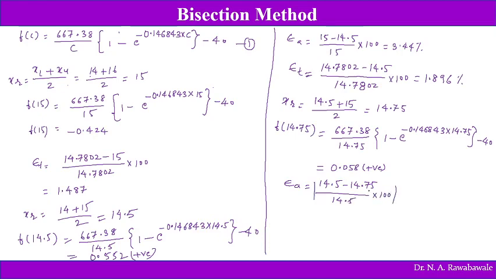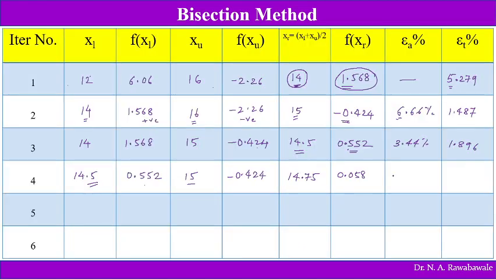Modulus of this we always take as positive. Then the approximate error works out to be 1.695%. So this approximate error is 1.695.